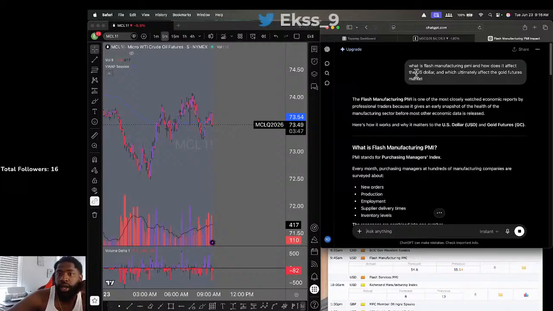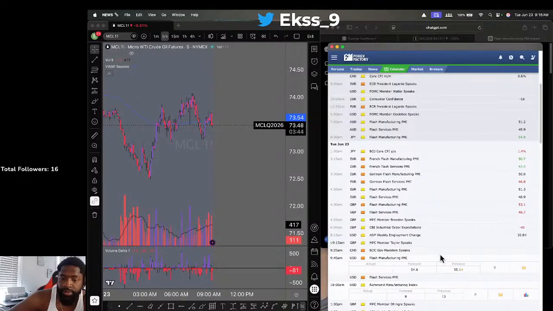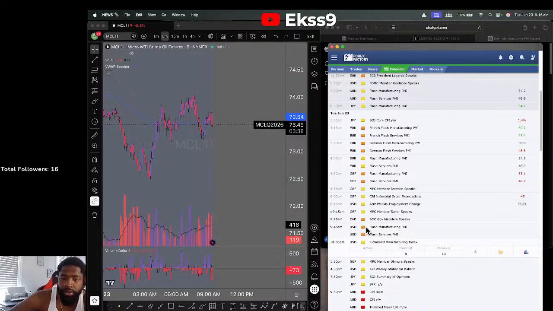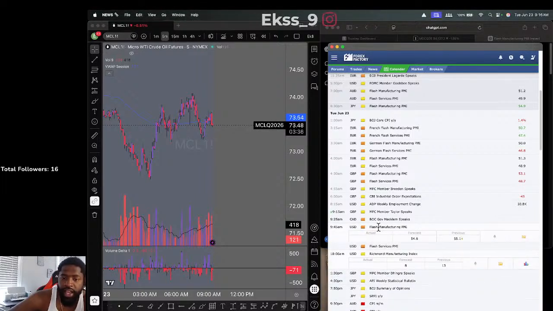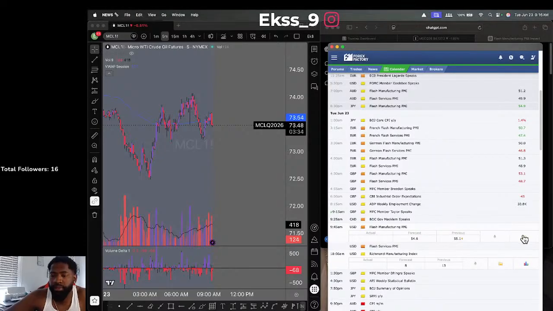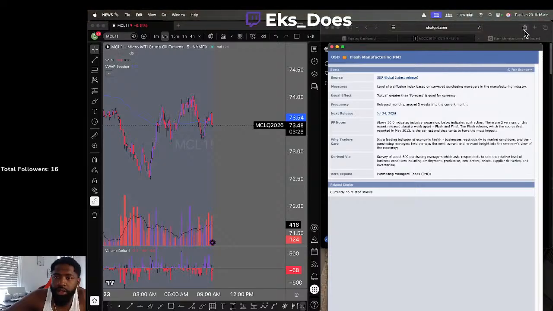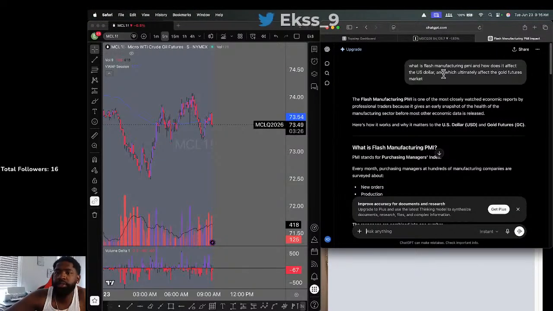So I looked at the calendar. It says today around 9:45 a.m. there's some news coming out saying flash manufacturing PMI. And I looked on ChatGPT to see what that means.